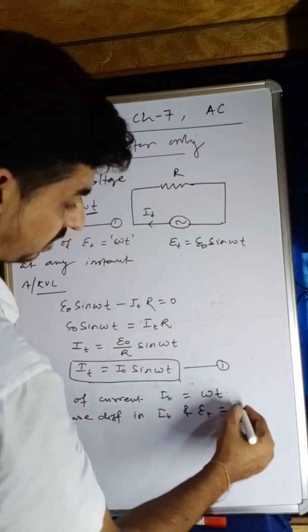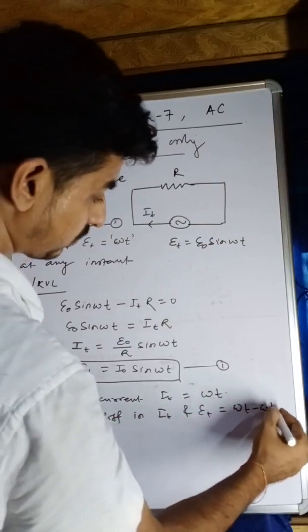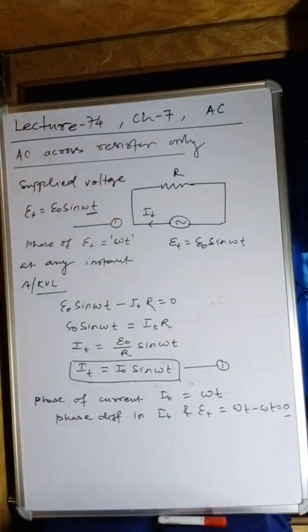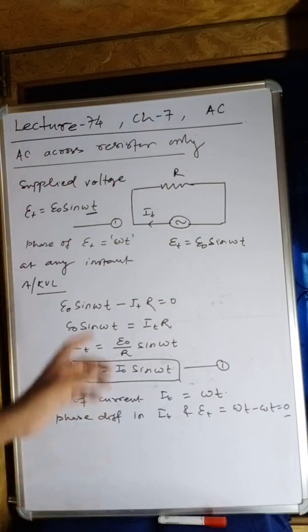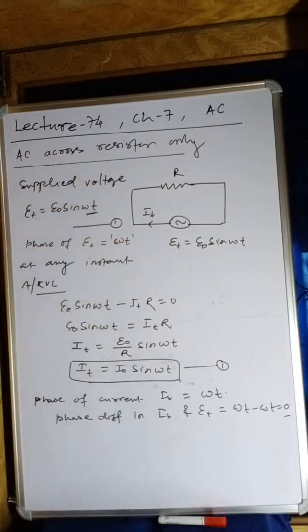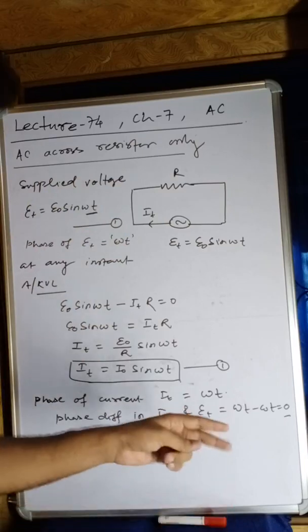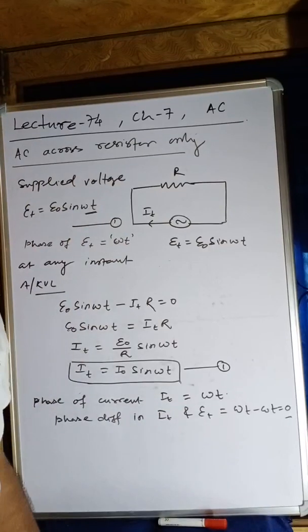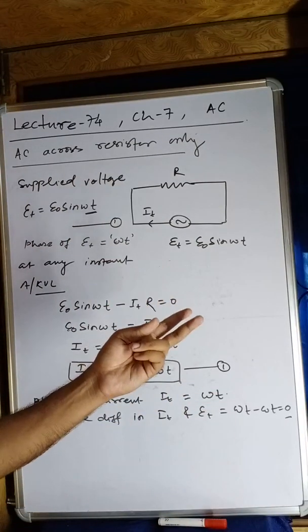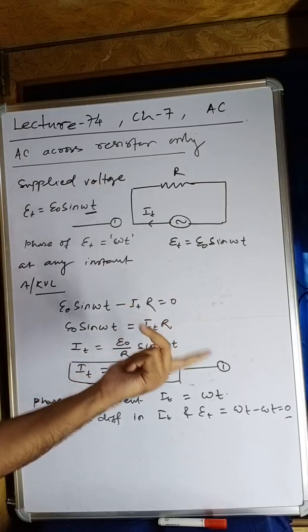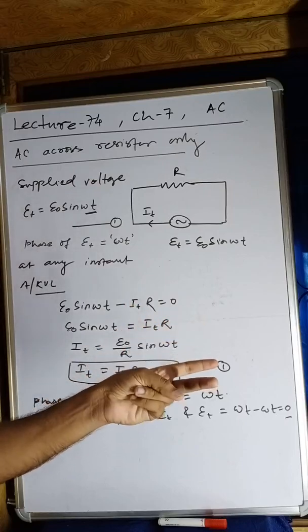It is omega t minus omega t, that is 0. What does it mean? It means current and voltage both are moving with the same phase. That's why the phase difference is 0. No one is leading or lagging with each other.